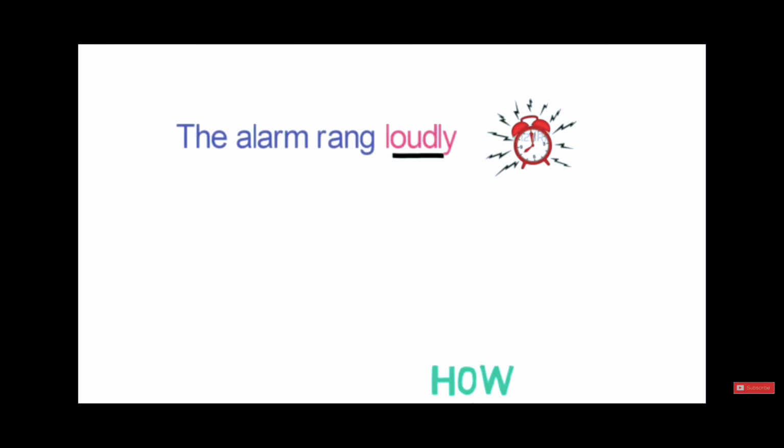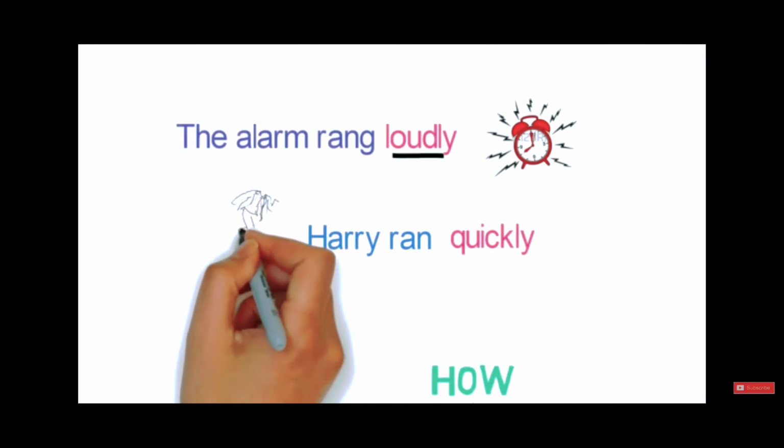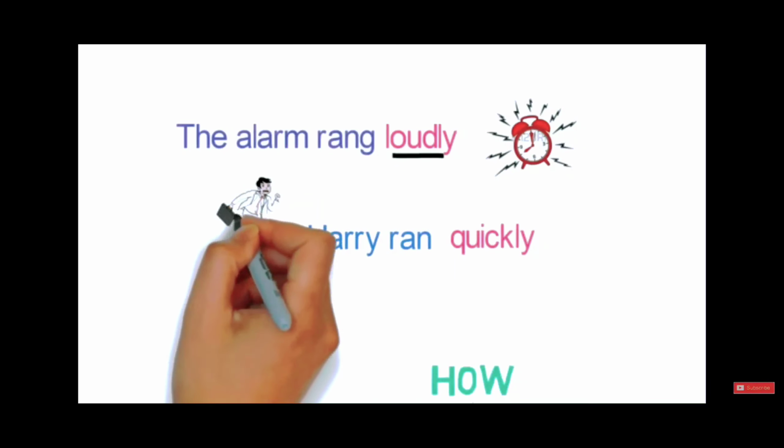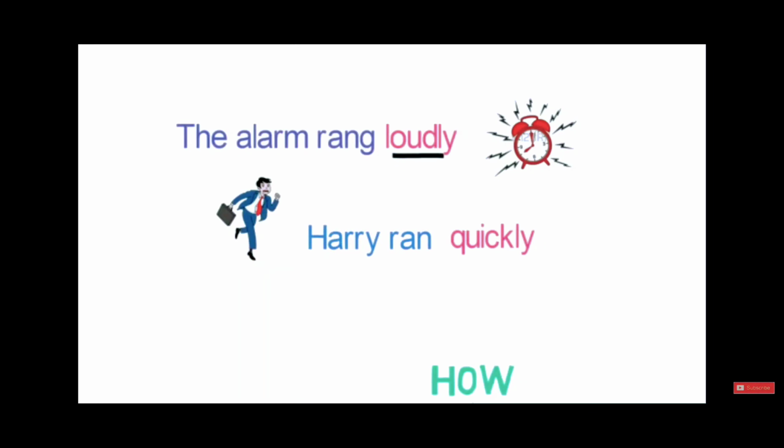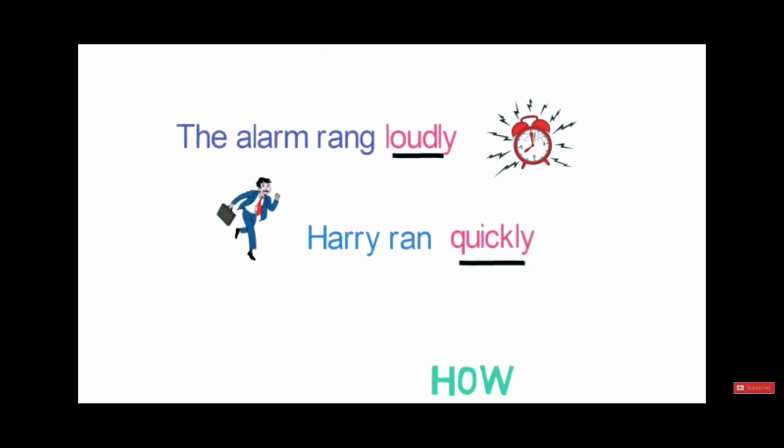So, it is an adverb. Let's look into another example. Harry ran quickly. Here we know that Harry ran, but the word quickly is describing the manner in which Harry ran. So it is an adverb here. As this adverb describes the manner in which the action is performed, they are called adverbs of manner.